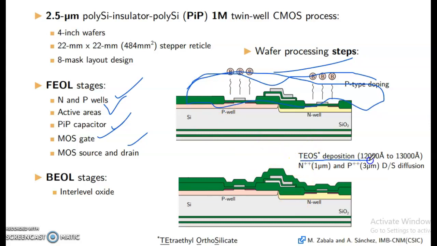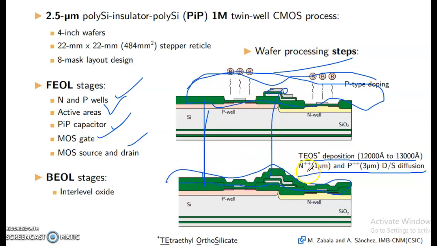TEOS deposition in between this N plus plus 1 micrometer and P plus plus 3 micrometer, diffusion. What are the changes? Two layers. Okay. This is the start. Okay.